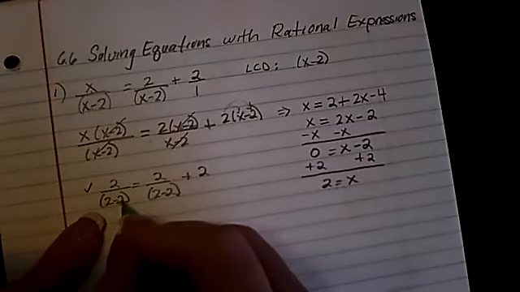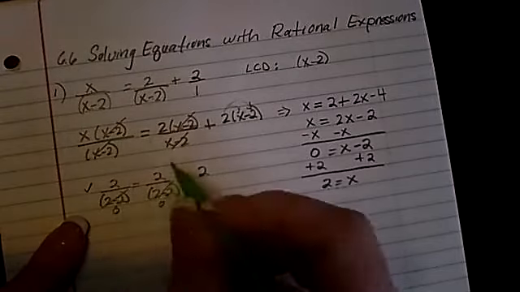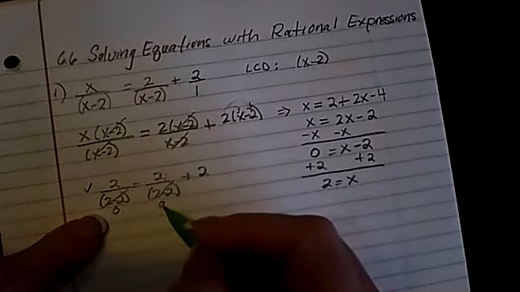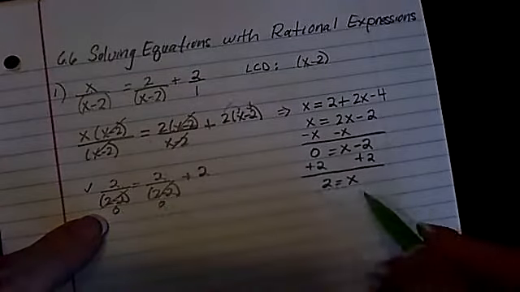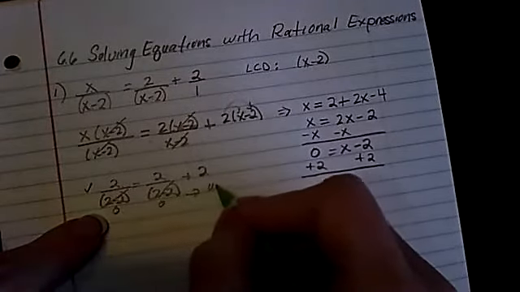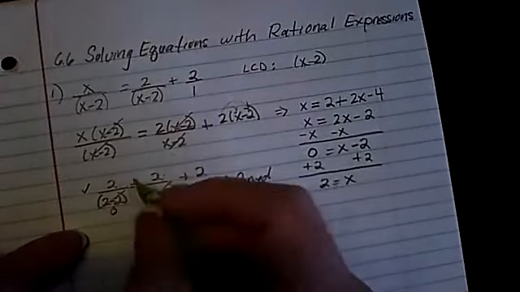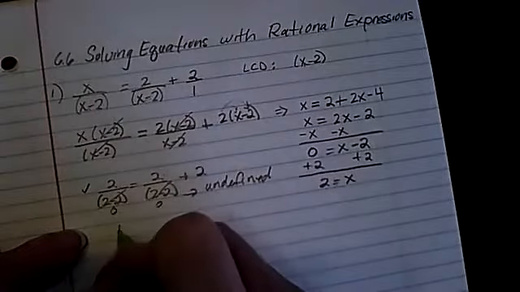What happens if this denominator is 0? So that becomes 0, this becomes 0. Well, 2 over 0, that's undefined. So that solution will not work. This means it's undefined. Therefore, there is no solution.